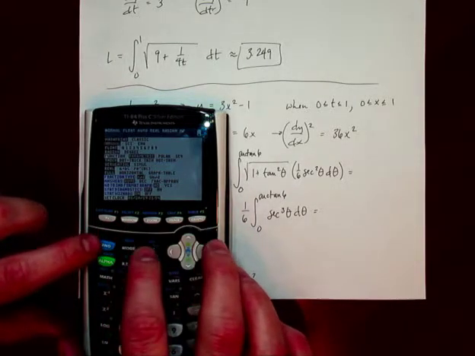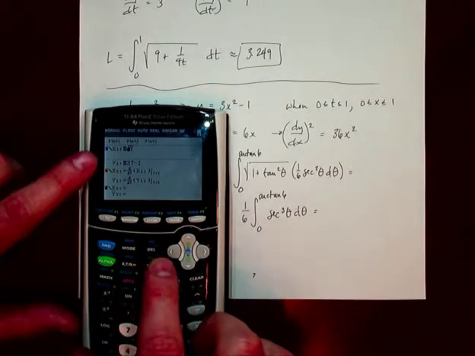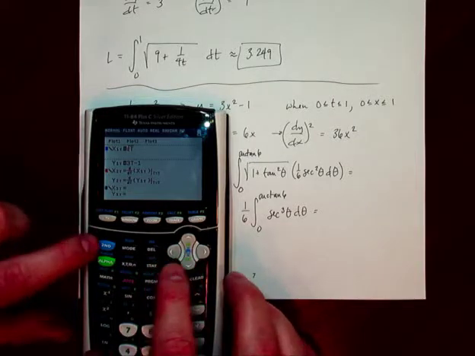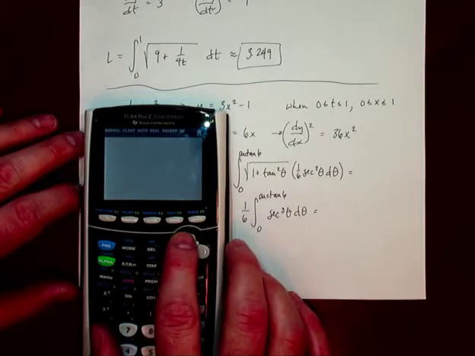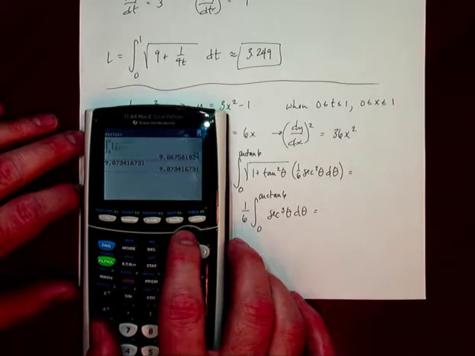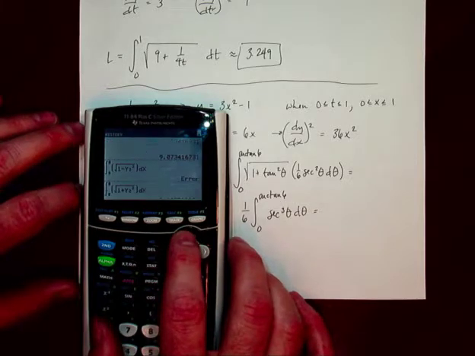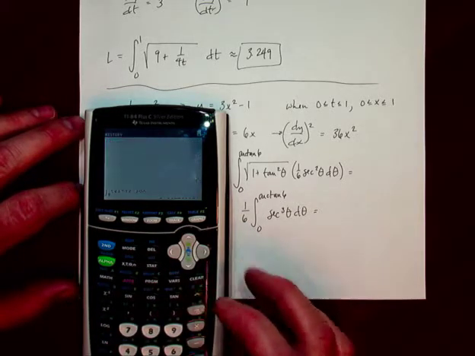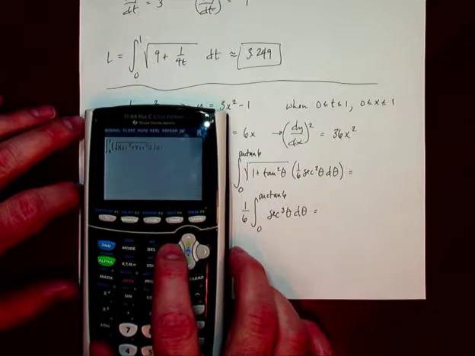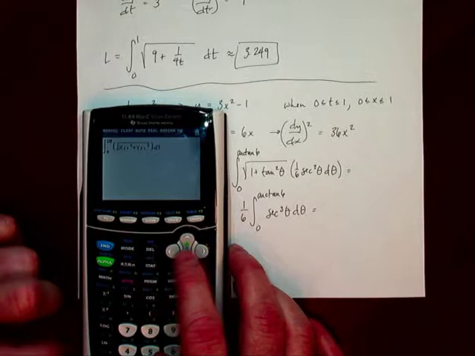I'll show you the work that was done. Remember that we already have it up here, and all we have to do is go back to the main screen and find one that we've done in parametric. Okay, and then we just have to alter the limits of integration if we need to, and in this case we do need to.